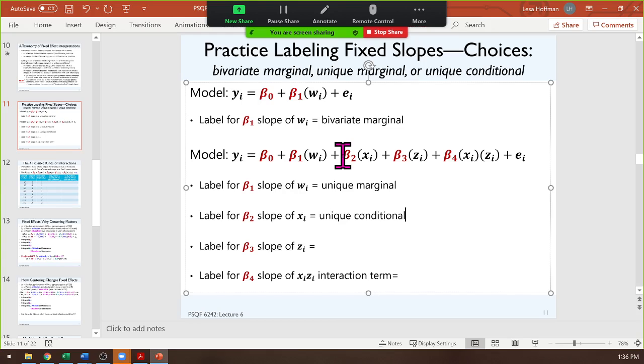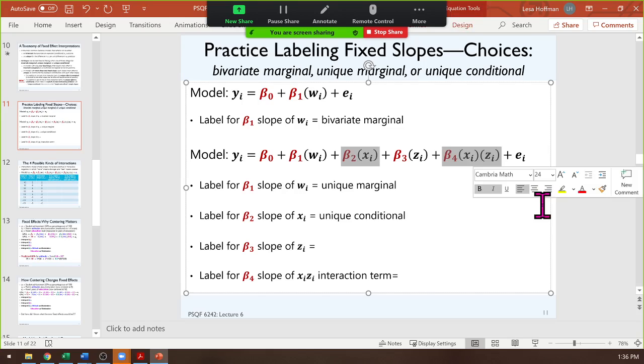Because what describes the effect of X is now 2 different terms. They work together. So what's going to happen is that this beta 2 effect of X only describes the effect of X if Z is 0. So if I plug in Z equals 0 to this last term, it drops.